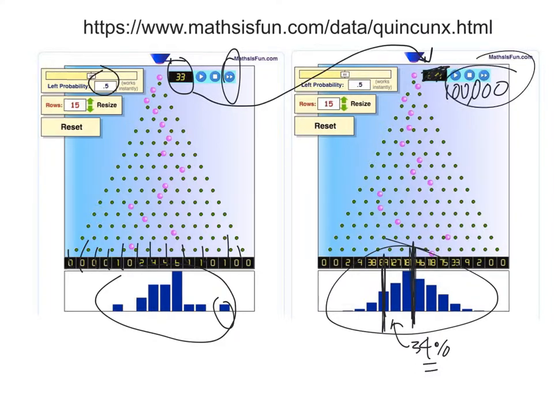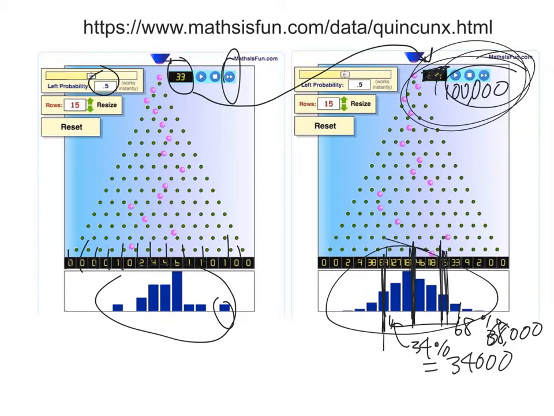That means there will be 34,000 balls. And one deviation from both left and right, like we saw on the last page, would be 68% of the balls, which means 68,000 of the 100,000 balls will fall within this area. So that's one way we will apply the normal distribution model to data that we're looking at.